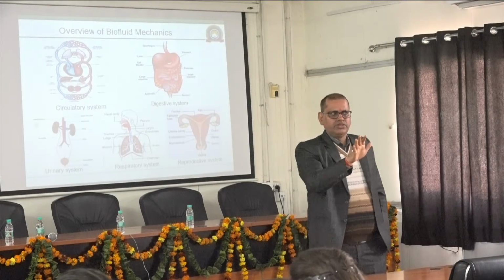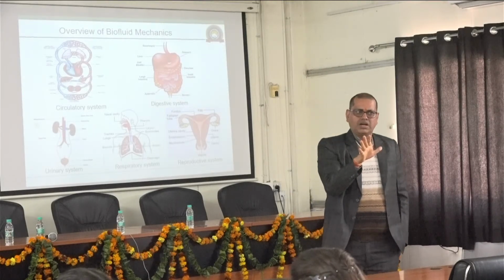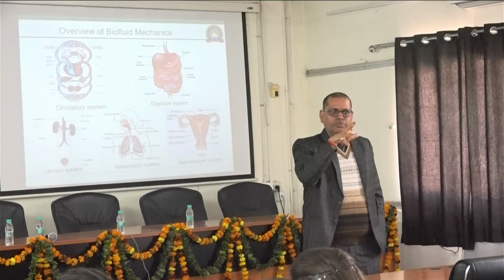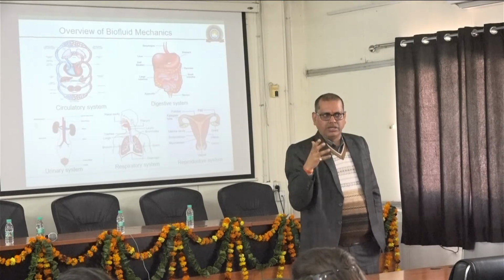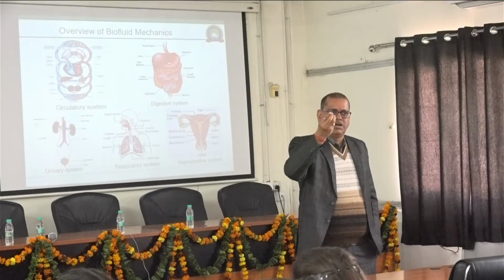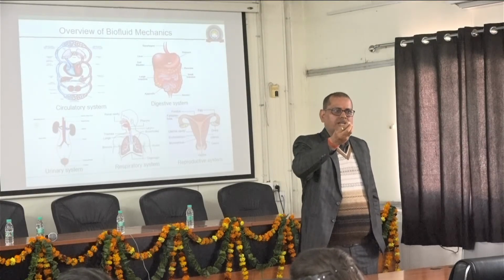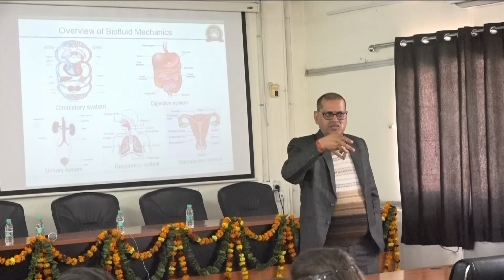So if you have the knowledge of how much pressure or how much force is required to propel the blood, then you can think of some external devices, some external force arrangement, and control the complete circulatory system.